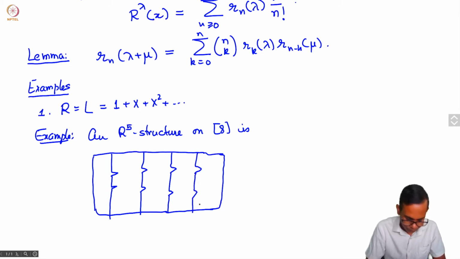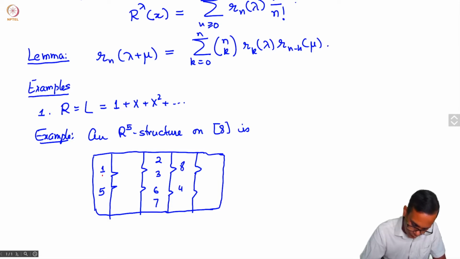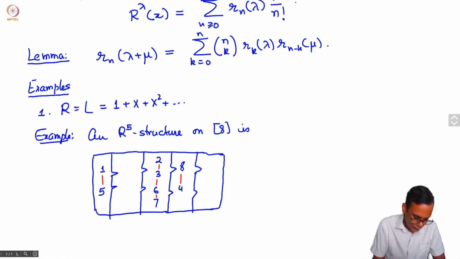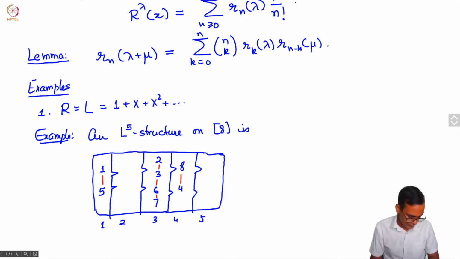Now you have 8 points numbered 1 to 8. Here I've just chosen to put them in a certain way, and we need to linearly order each part. So I'll just do it like this. And 2 of these parts are empty. So these parts are numbered 1, 2, 3, 4, 5. So this is an L to the power 5 structure on 8.